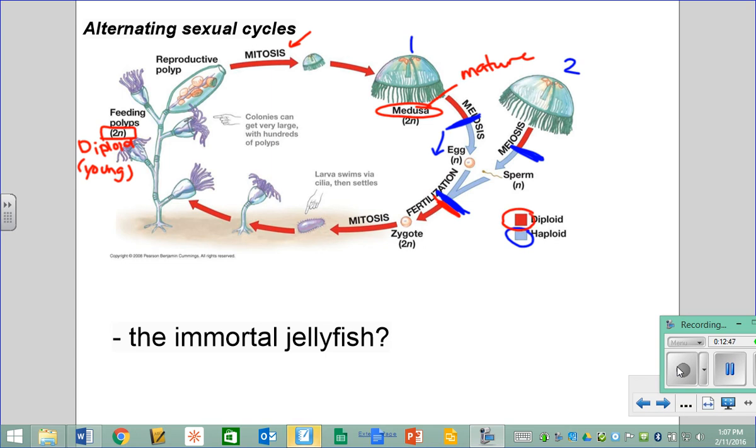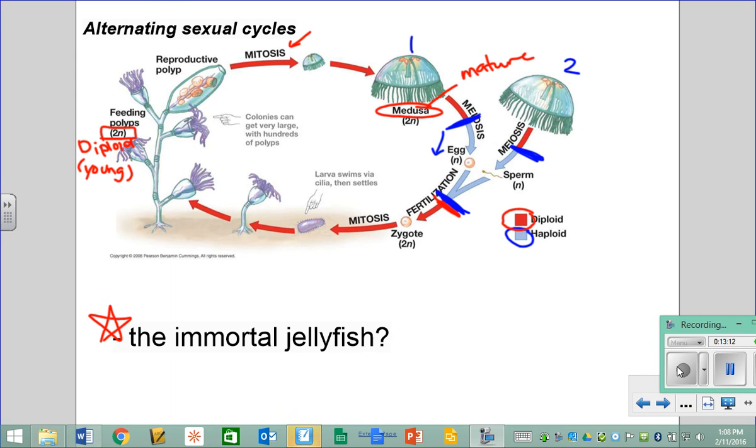Now, the cool thing about a jellyfish is that sometimes the jellyfish can go back and forth between polyp and medusa. Now, this is beyond the scope of something I would ask you on a test. But I thought that perhaps if someone was interested or had heard of this thing called the immortal jellyfish, that would be a good thing to do an article talk about.